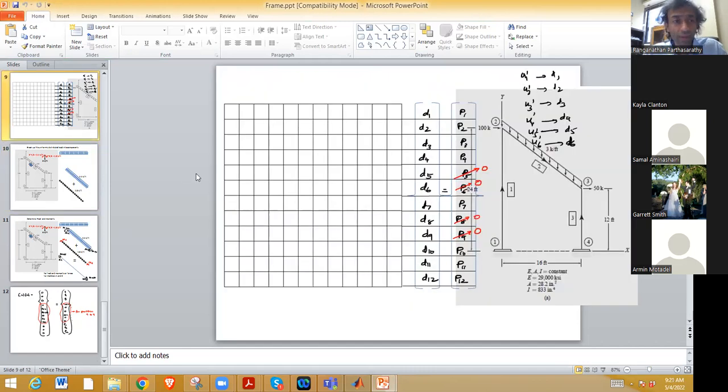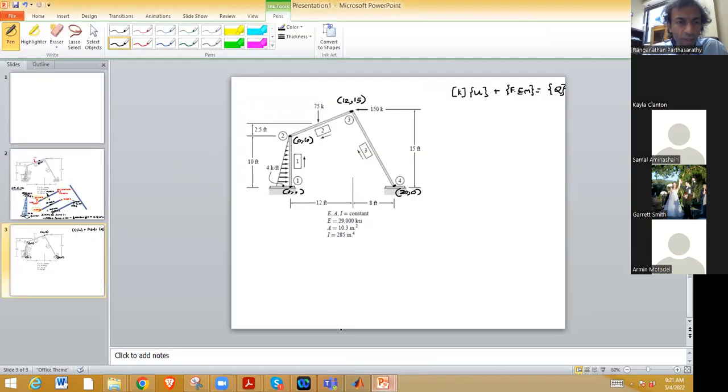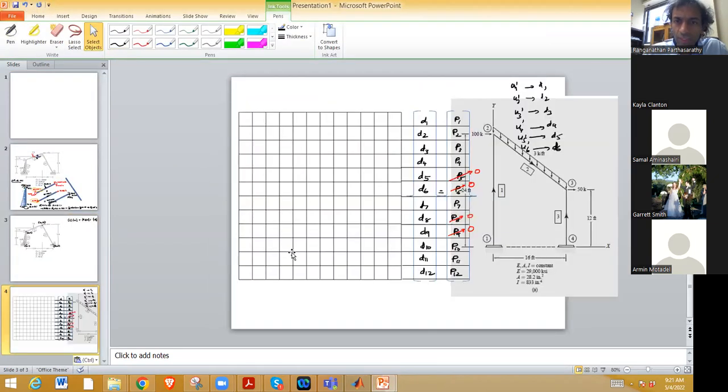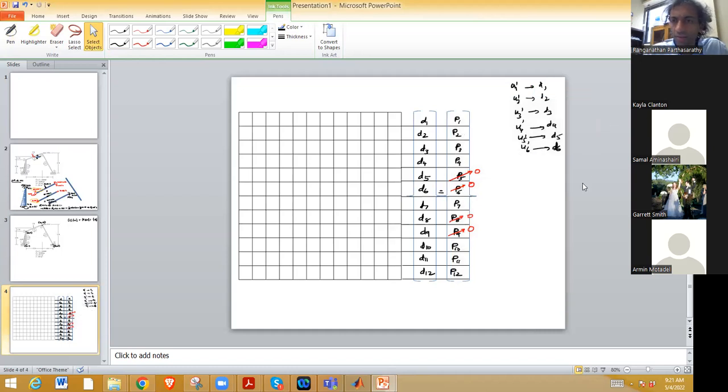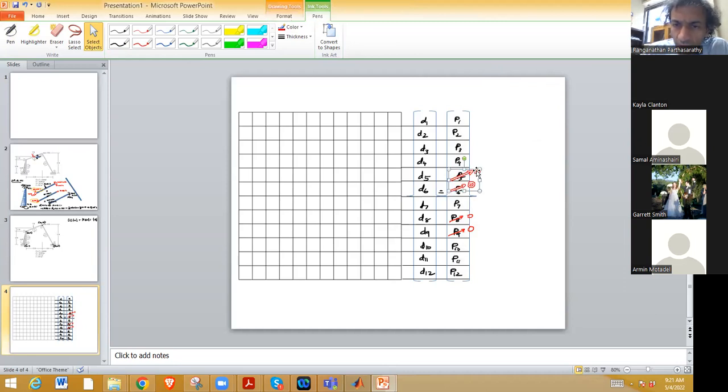I don't know if you all got a chance to see this slide, but no problem if you did. So we will assemble the stiffness matrix. Yeah. So we don't have this. We'll see this later. Okay. So this is what we have in this problem as well.